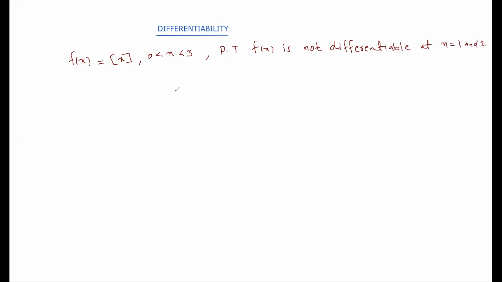That means at the integers between 0 and 3. As earlier I have shown you the graph of the greatest integer function, at that time you saw that it is not continuous. At integers there is a break in the graph, you have seen that.